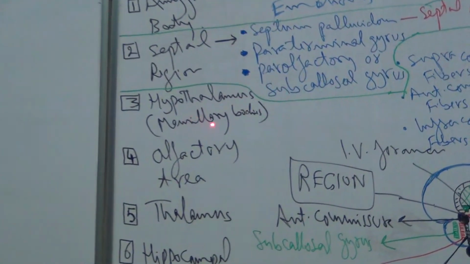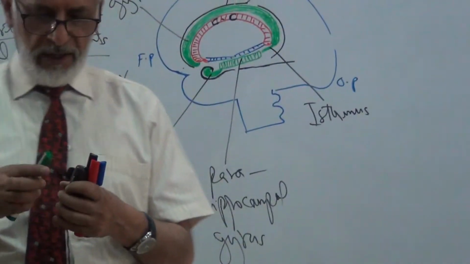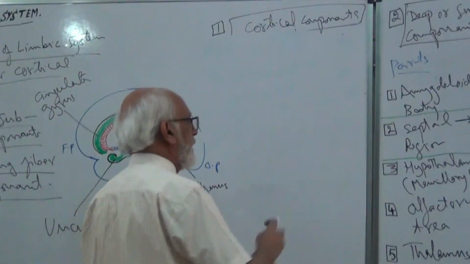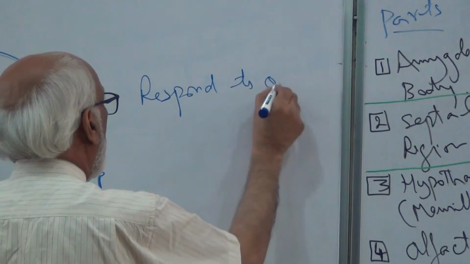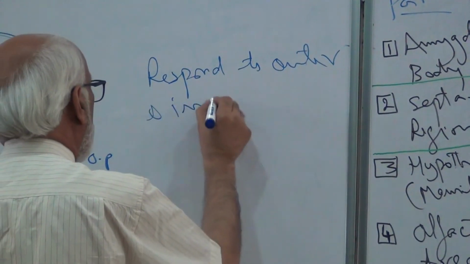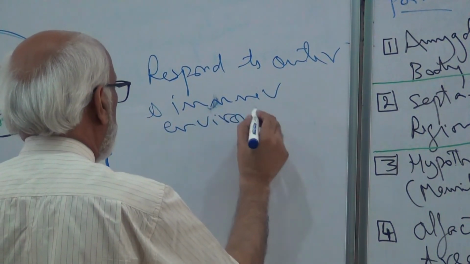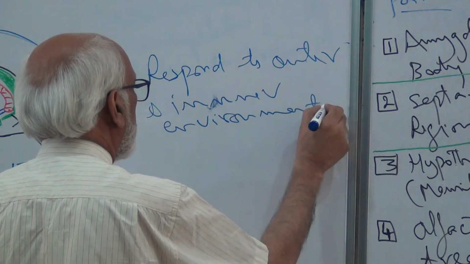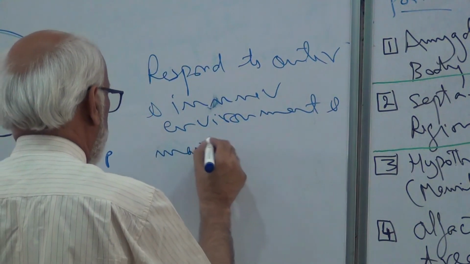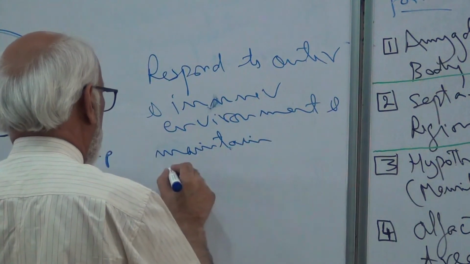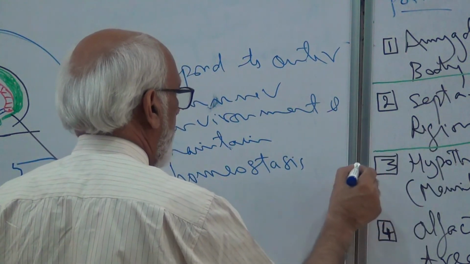Now, as I told you, the amygdaloid body is related to the emotions. Similarly, the hypothalamus responds to the outer and inner environment of the body and maintains homeostasis.